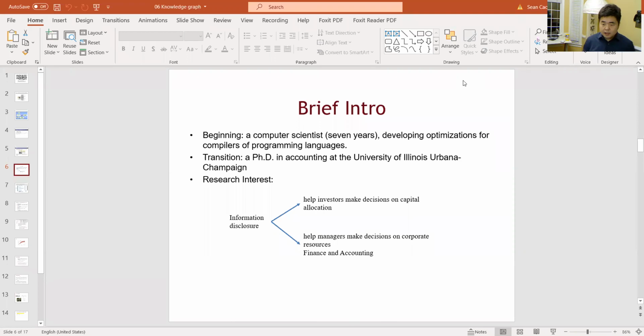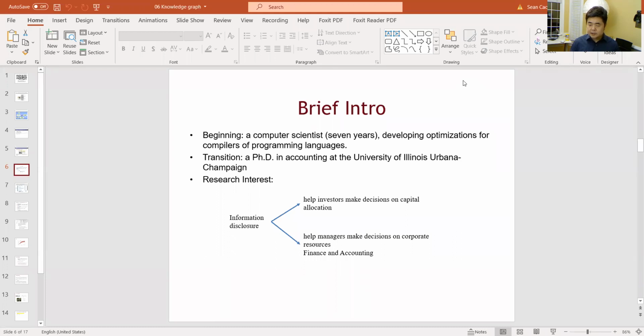The focus of this lecture and of FinTech is that we're using technology to help two groups of people. One is investors, and the other is managers, the executives of corporates. This is the focus I think all of us need to keep in mind.